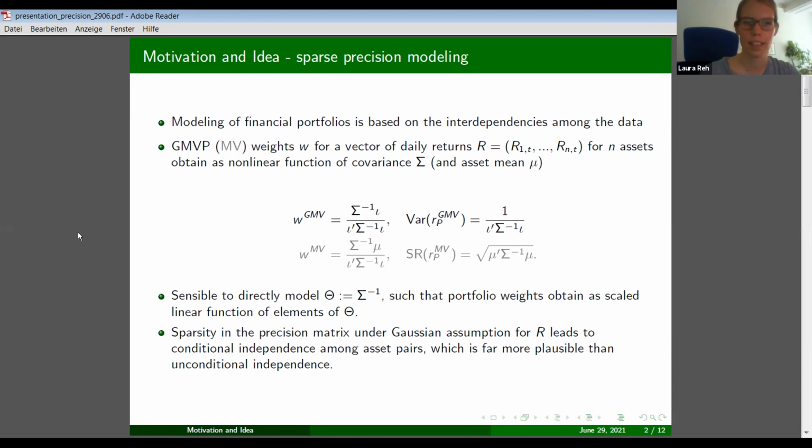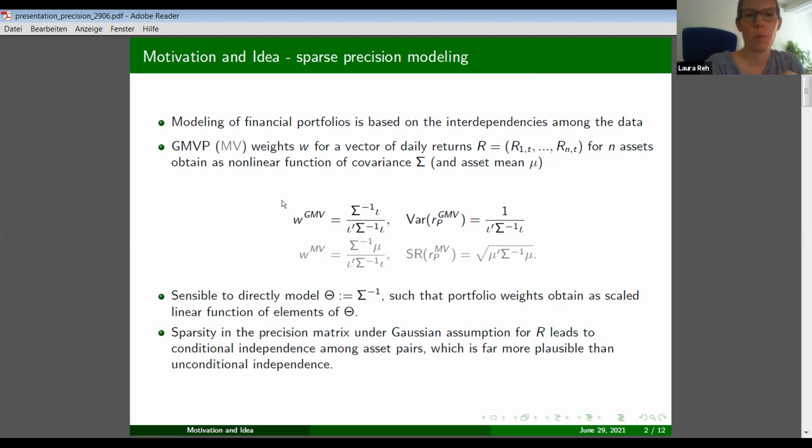The most prominent examples that you probably all know are the global minimum variance portfolio and the mean variance optimal allocations, which you obtain as the solution to these plug-in strategies that we see here, based on a given financial covariance matrix sigma, or an estimate thereof in practice.